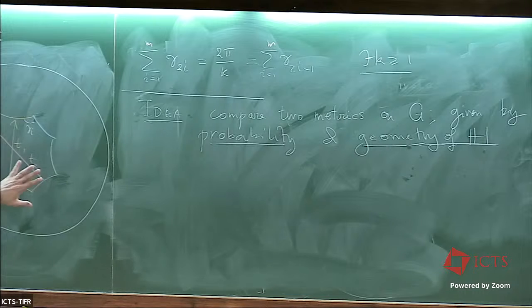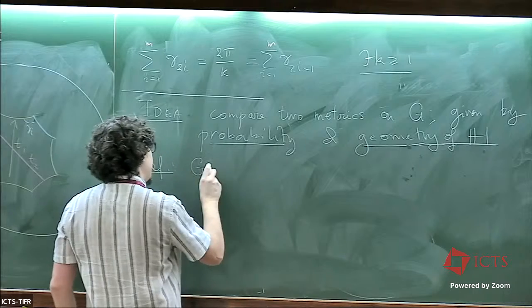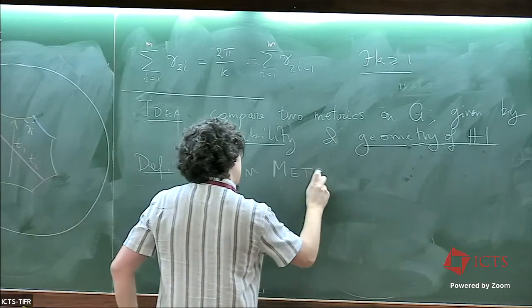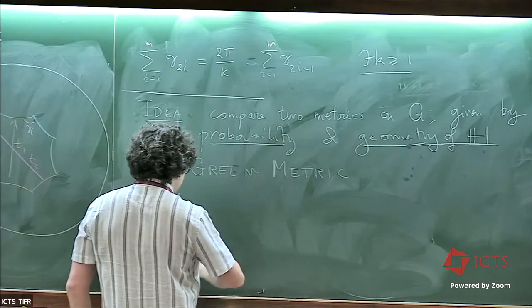So, the definition of the Green metric is very simple. It's a metric which depends on the geometry.